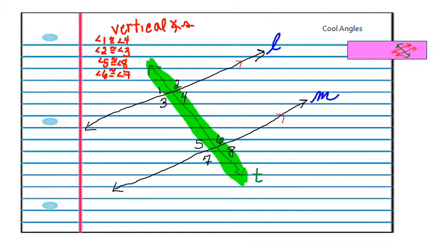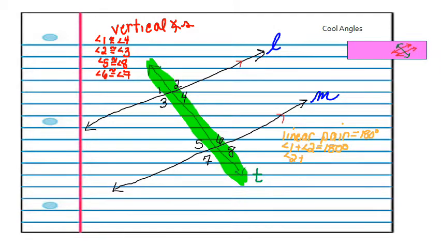The second property that happens with the parallel lines is that we'll remember that we have linear pairs. Linear pairs are a pair of angles that are shared on a line and equal 180 degrees. So angle 1 plus angle 2 equals 180 degrees.